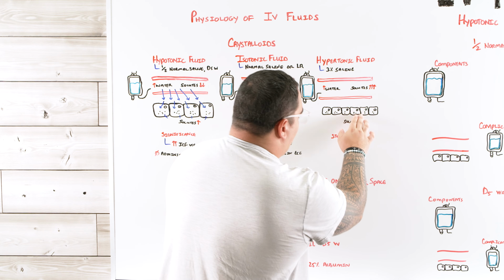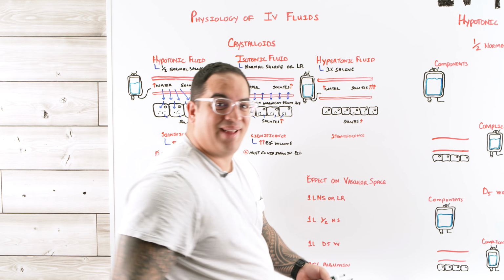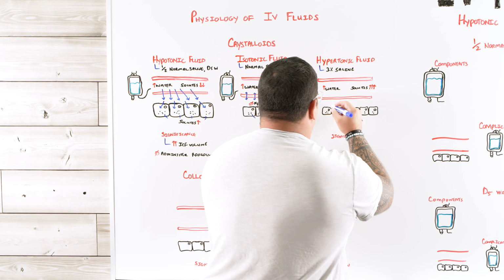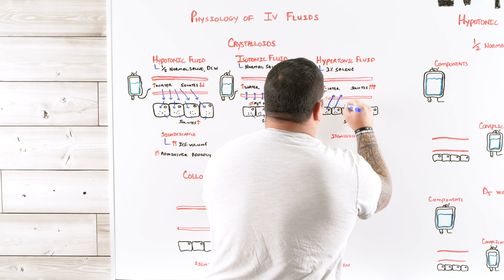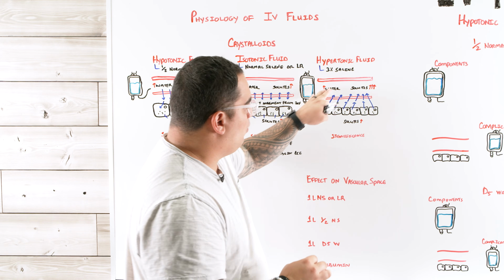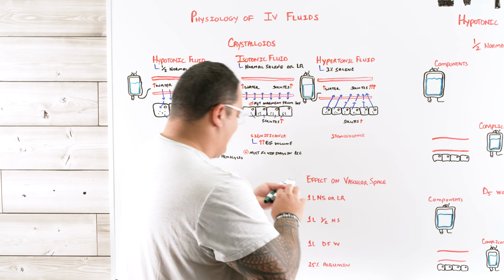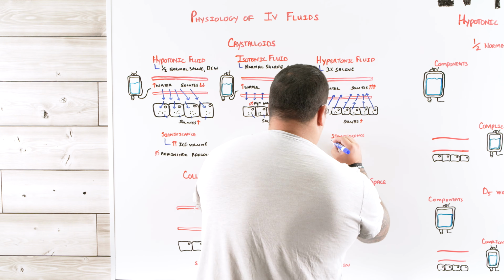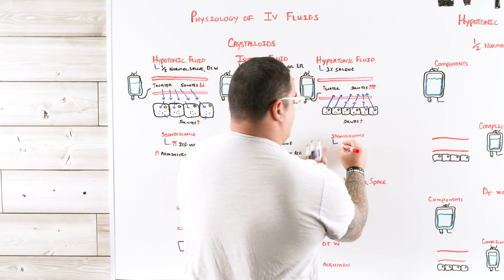It's going to want to go out of the cells into the interstitial space, and then some of it goes into the plasma, all right? So that's going to be the net movement, is water will want to go here. That's the net movement. And so because of that, it will be able to do what? Dehydrate my cells, right? When we think about the significance of this, this will do what to my extracellular space?